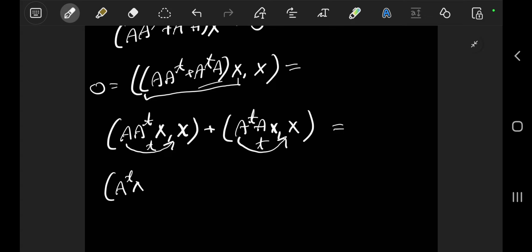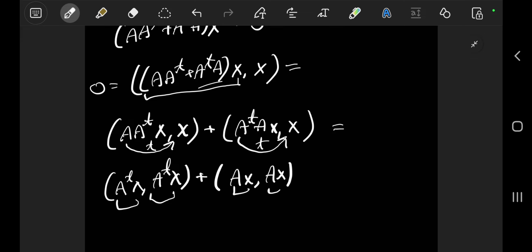So it is A transpose x with A transpose x, plus Ax with Ax, since A transpose transpose is A. Note that each is the same vector with the same vector in an inner product, so this is the norm squared.